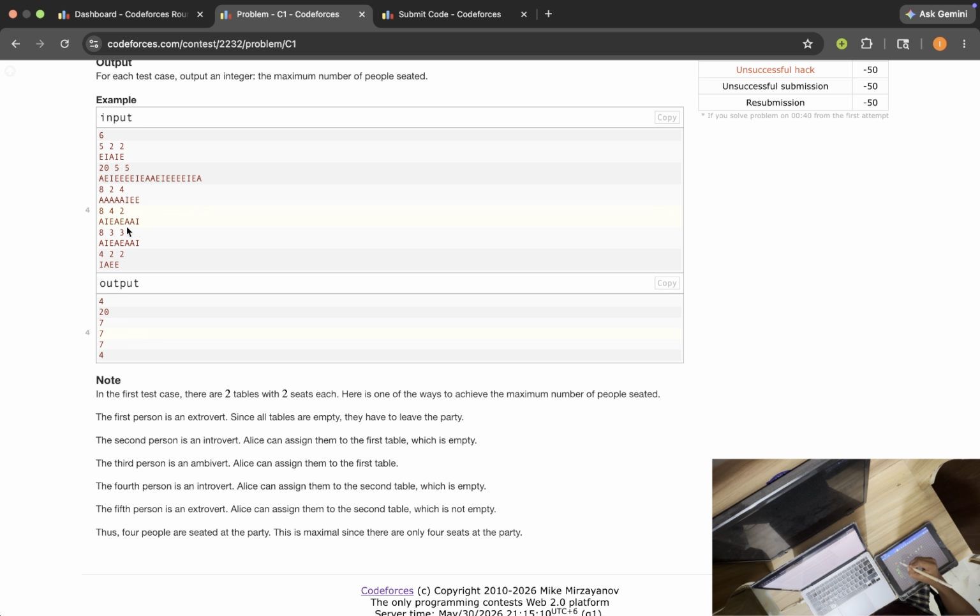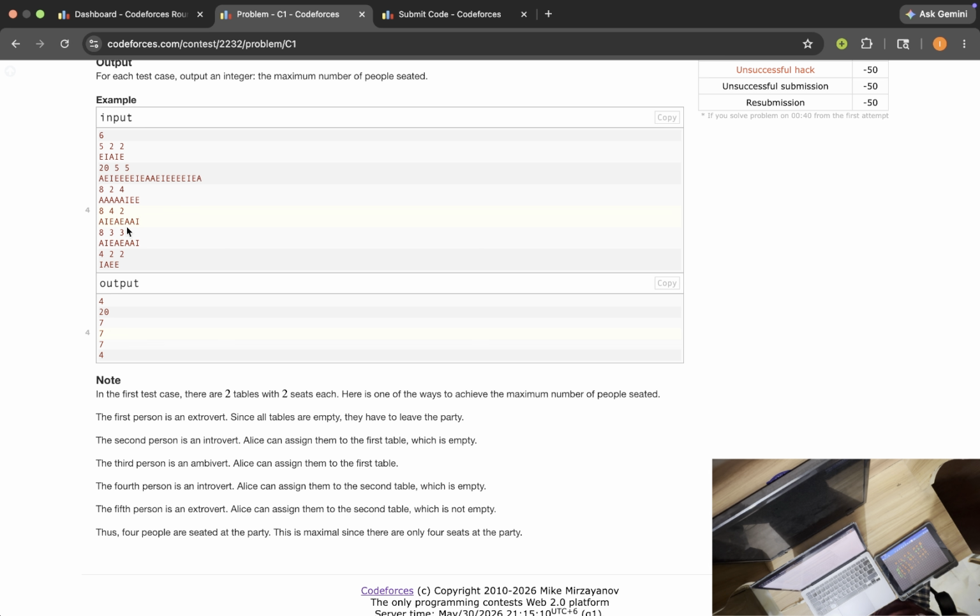Ambivert, introvert, extrovert, ambivert, extrovert, ambivert, introvert. Okay. 0, 1, 2, 2, 3, 3, 3, 4. 0, 0, 0, 1, 1, 2, 2, 2. Then 1, 1, 1, 1, 1, 2, 3, 3.